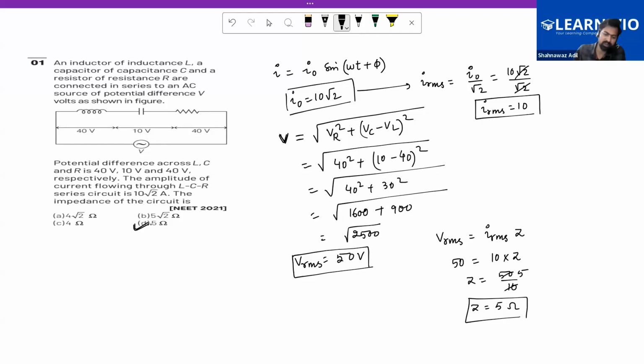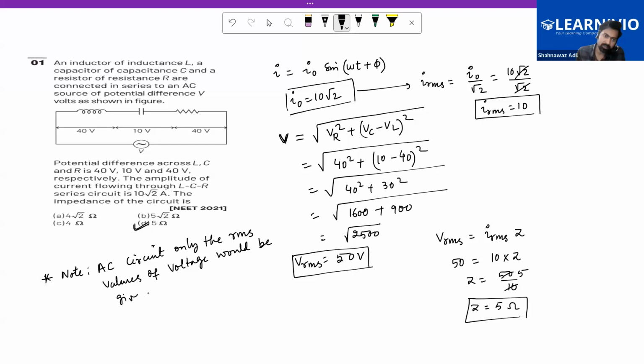Okay, so quickly note down this thing and then we will do the other question, right? Remember, this is very important to note that in an AC circuit, only the RMS values of voltage would be given, or current also.